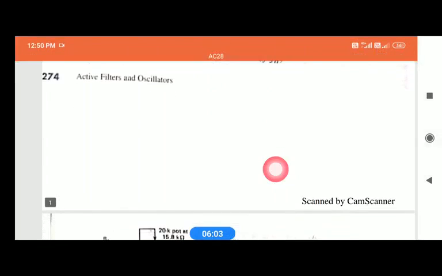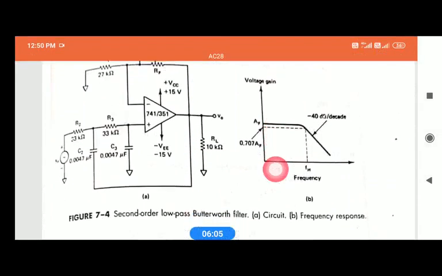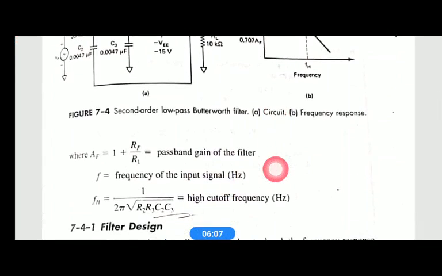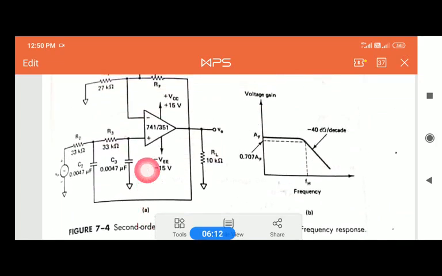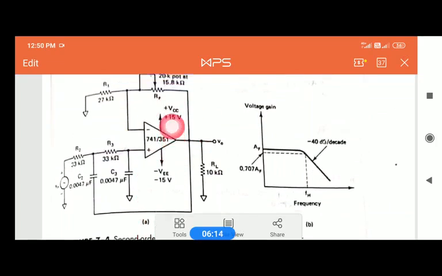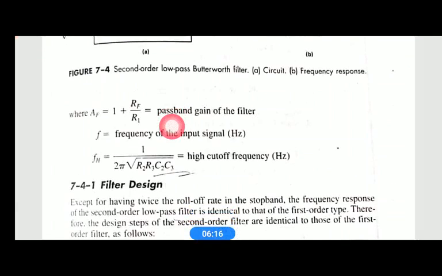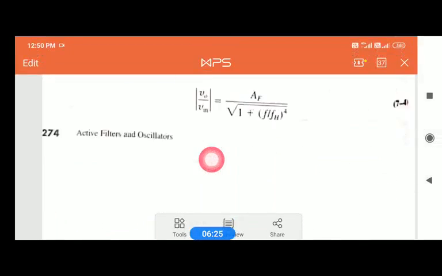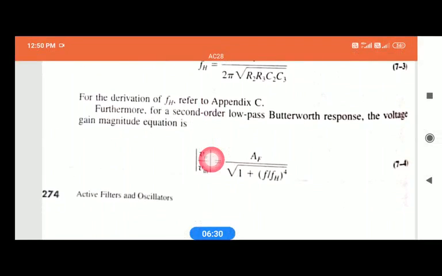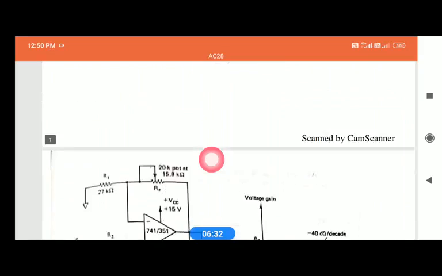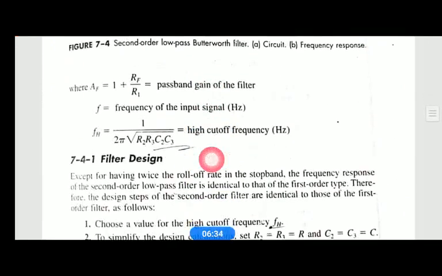Here AF is 1 plus RF by R1, which is the gain of the non-inverting amplifier we use, f is the frequency of the applied input signal, and fh is 1 divided by 2 pi root of R2 into R3 into C2 into C3.